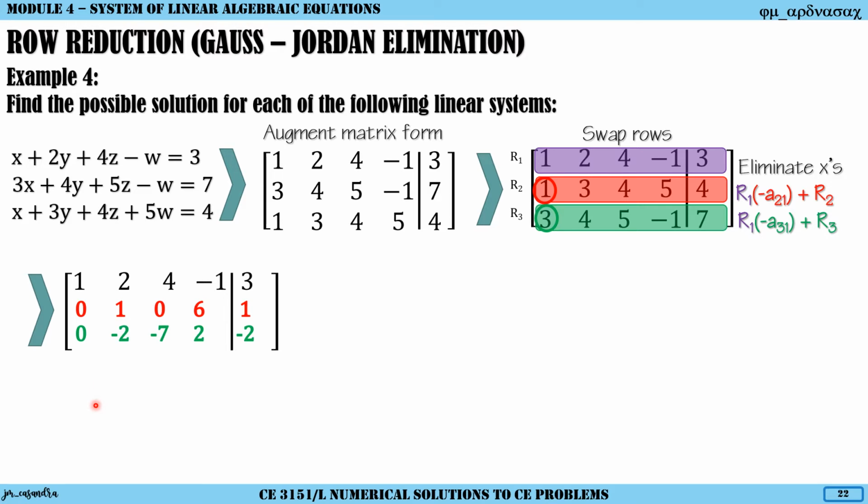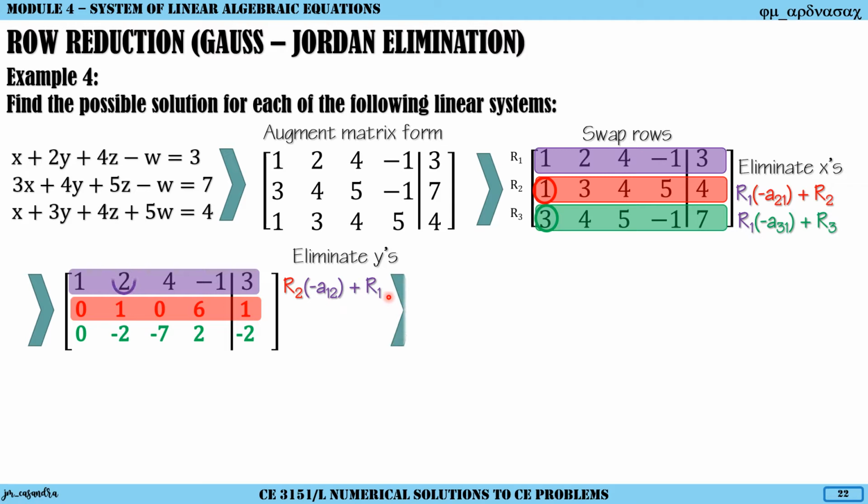So for our next step, second diagonal should be equal to 1. So it's already 1. So what we do is to set the remaining elements for y equal to 0, or we eliminate the coefficients of y. And we could achieve that by, for the first row, multiplying R2 times negative A12 plus R1.